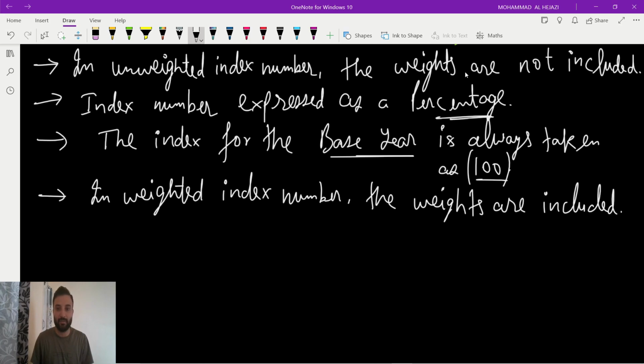So in unweighted index number, weights are not included; in weighted index number, weights are included. We have learned two methods till now. First is the simple average or aggregative or arithmetic mean index number method. Another is the simple relative index number method. Now we will go for the third one.